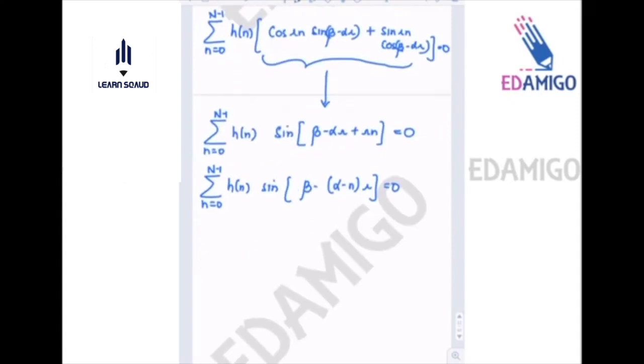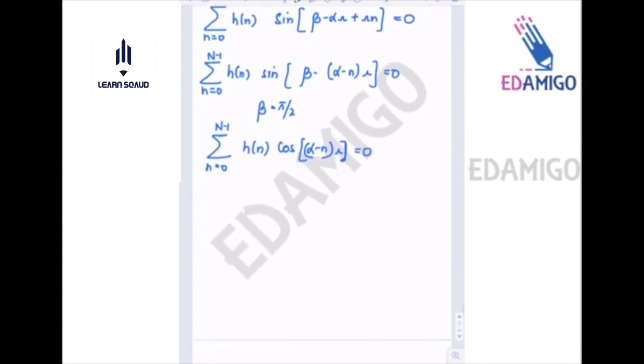Now let us take a condition that beta is equal to pi by 2. So this sine function will convert into a cos function, and it will become like this, is equal to 0.